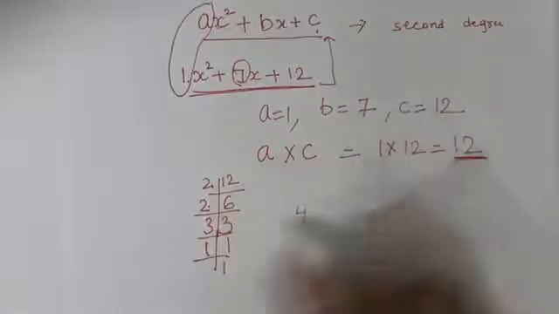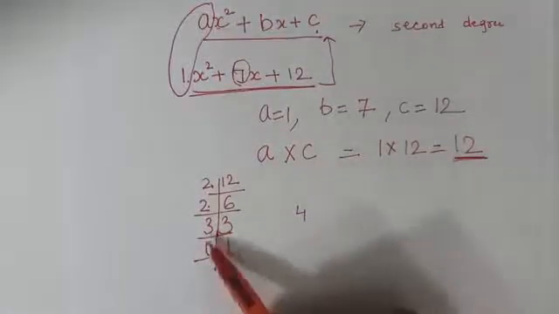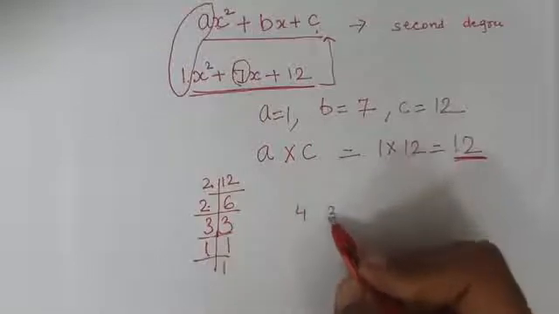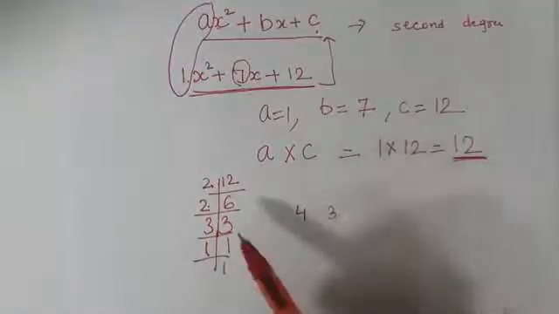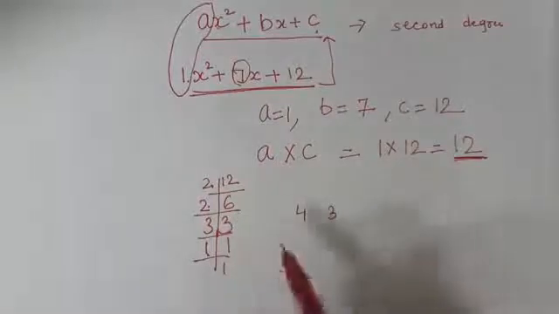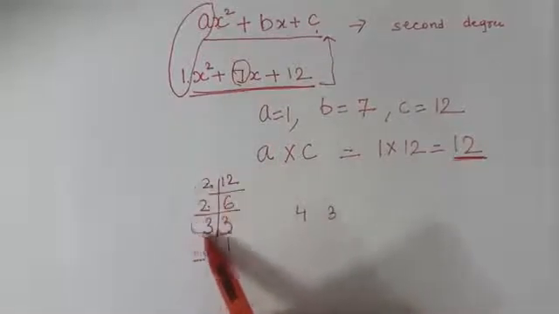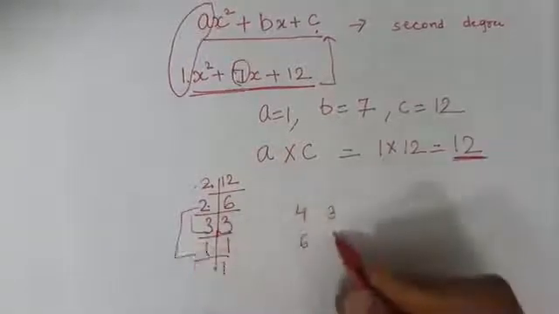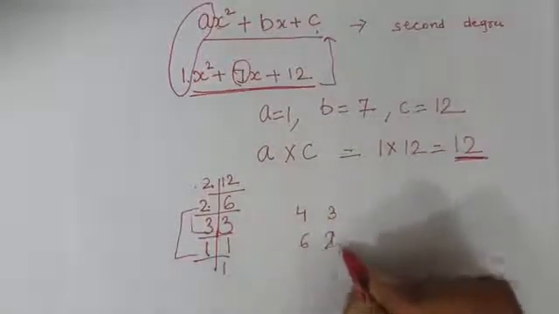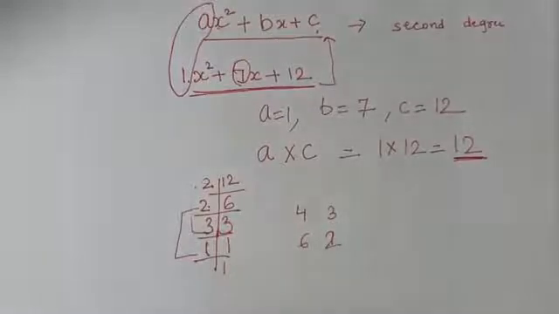Let us take one number 4. 3 into 1, 3. We got two numbers. Let us make another pair. 2 into 3, 6. 2 into 1, 2. You can multiply any two numbers or any three numbers.